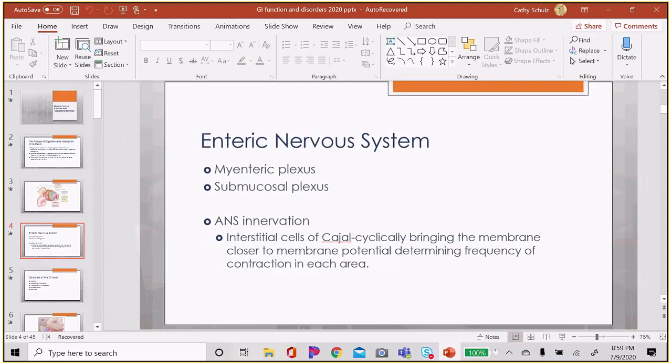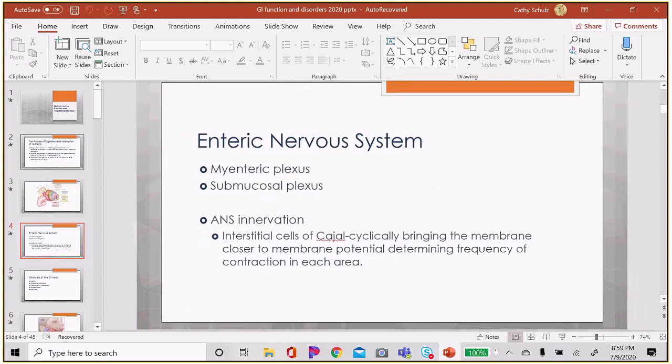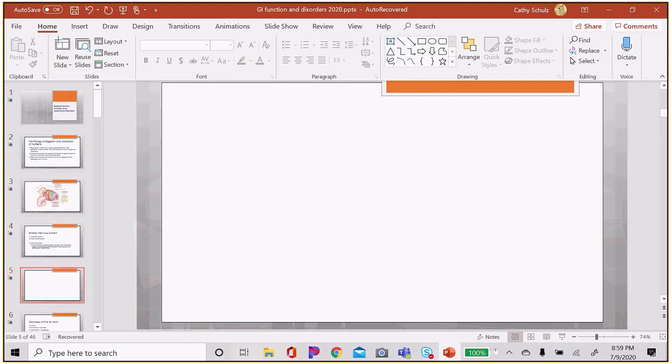So this interstitial cells of Cajal is trying to explain that there is always an underlying peristalsis to the GI tract itself, kind of like how the heart has its own pacemaker that will depolarize on its own and receives innervation from the sympathetic nervous system or parasympathetic nervous system to increase its rate.